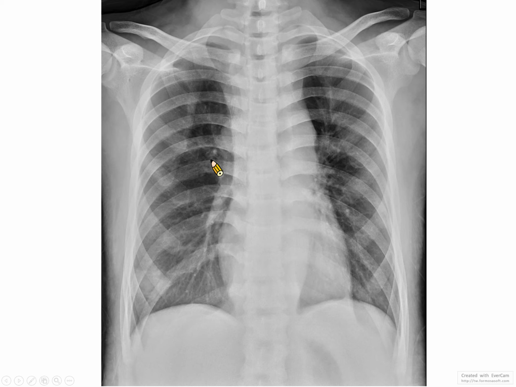Oftentimes every medical student will have a course of chest X-ray reading during the intern training period, and it is almost a basic skill for every doctor. However, just like I said, the chest X-ray relies on the penetration of X-ray through our chest, and you can imagine that the X-ray beams need to penetrate through different types of tissues.